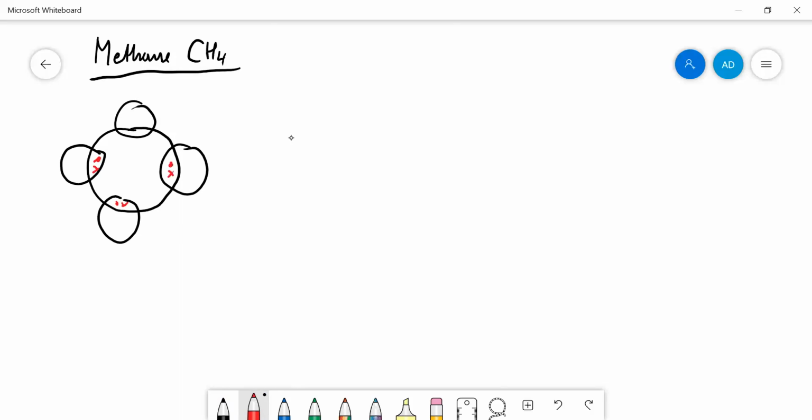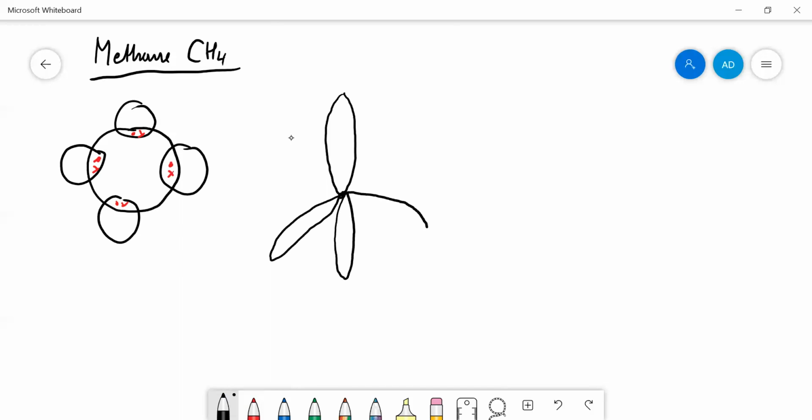Now methane actually has your carbon atom in the middle, and you're going to have 4 orbitals. I'm going to draw one here, this sort of shape, and then another one, and another one. They're all supposed to be the same size, and if you can visualize this in 3D, here are the hydrogen nuclei. The hydrogens would form the corners of a regular tetrahedron.